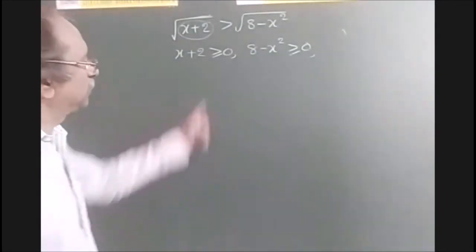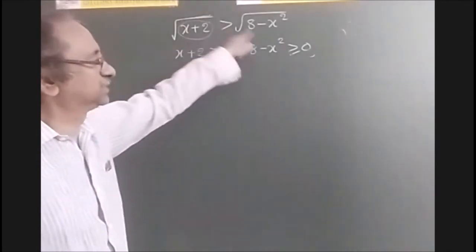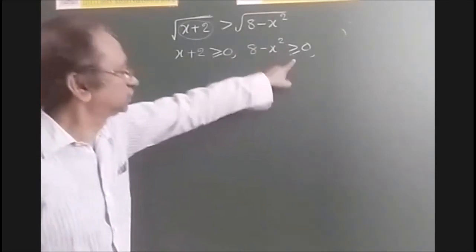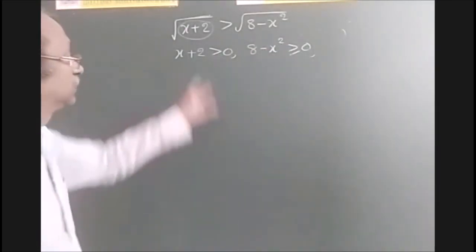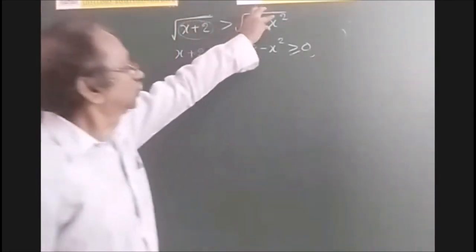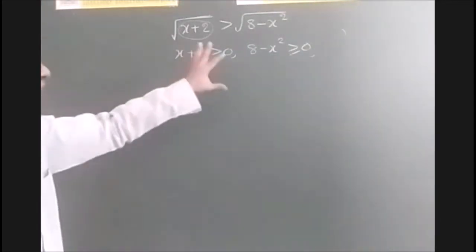And not only that, both cannot be 0 at the same time, because 0 cannot be greater than 0. Therefore, this may be 0, but this cannot be 0. So the expression under the square root must be positive, or here it may be 0. Okay.